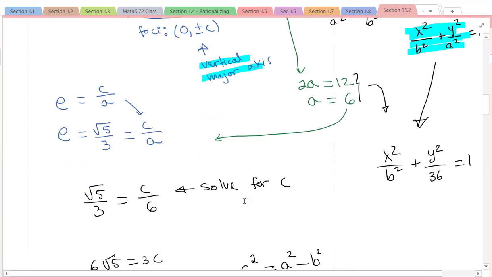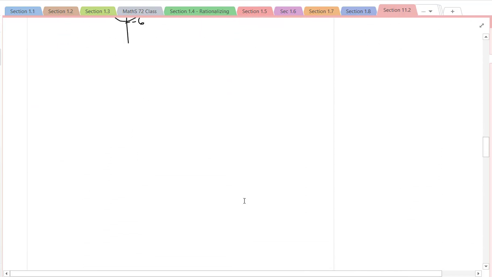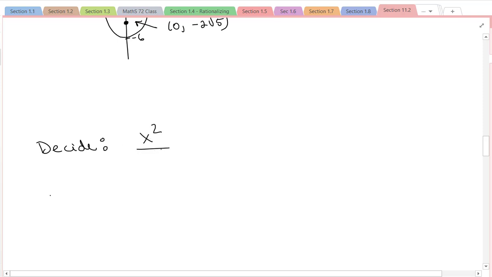As you may notice, some of the things that you have to know in order to find the equation of an ellipse: first, decide which equation you need. Is it x squared over a squared plus y squared over b squared equals 1? Or is it x squared over b squared plus y squared over a squared equals 1?